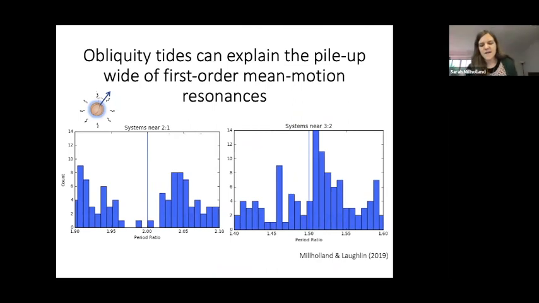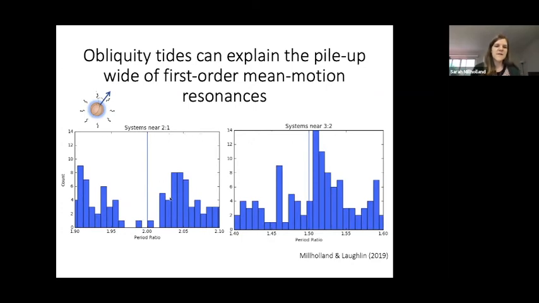So that example simulation is just demonstrating what we expect to be happening for at least some subset of these systems near these mean motion resonance pileups to create the degree of pileups that we see. However, there are some additional interesting layers to this, and this comes about because of some of the details that happen near these mean motion resonances.